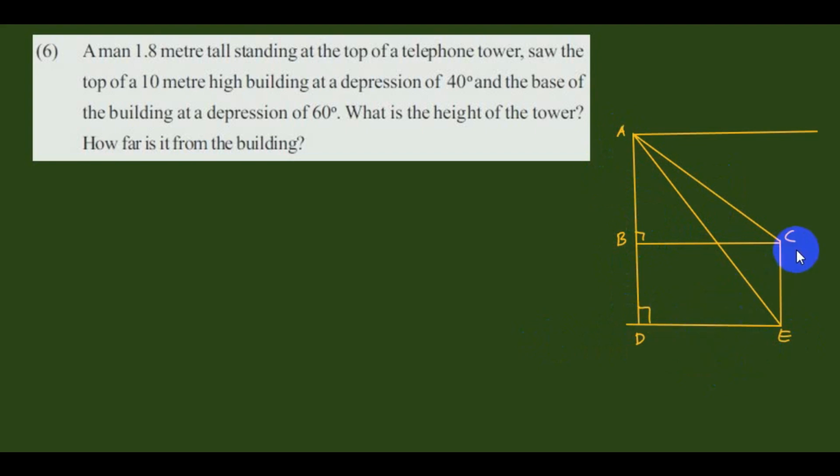Here one angle, at first time this angle is given to us. The second time the angle of depression is 60 degree. This much angle is 60 degree. Second time bottom നോക്കിയത് at a 60 degree angle of depression. Top നോക്കിയത് 40 degree angle, this much angle is 40 degree.